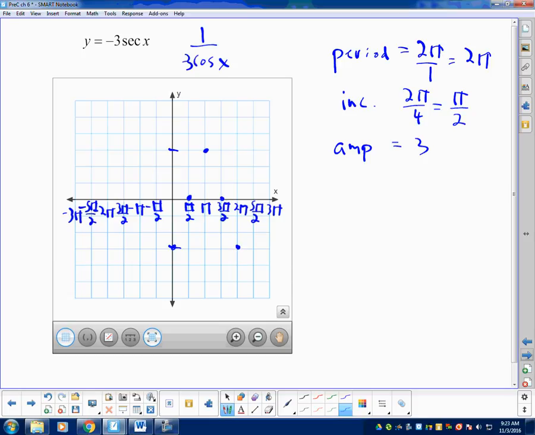So there's one little cosine curve. Maybe we'll just do one more over here. Going left, it goes to the first increment through the x-axis, tops out at 3. Second, third increment, it goes through the x-axis and then tops out again.